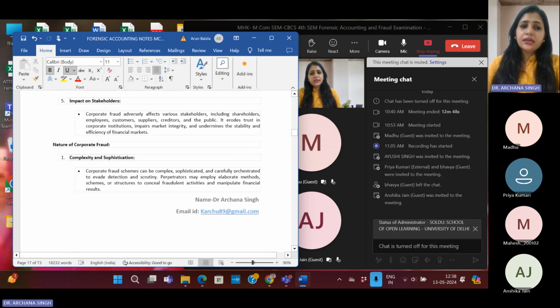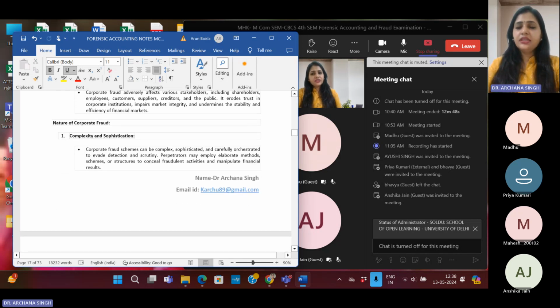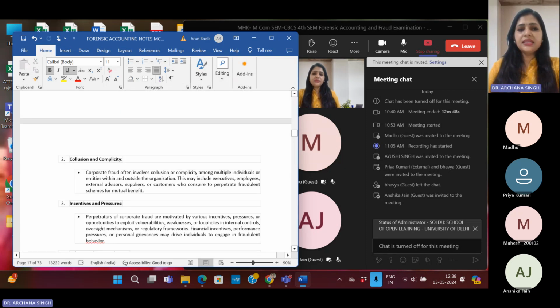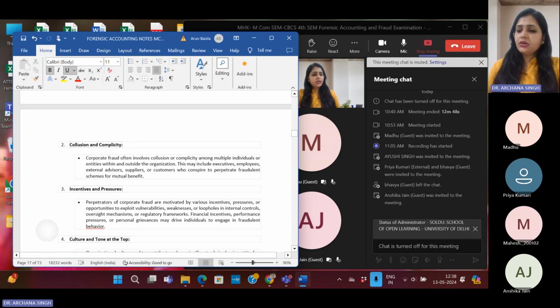We will discuss complexity and sophistication. The nature of corporate fraud means it may be complex, sophisticated, and carefully orchestrated so that it can evade detection and scrutiny. Perpetrators may employ elaborate methods and scheme structures to conceal fraudulent activities and manipulate financial results. Then second is collusion and complexity. Collusion basically means a secret agreement.